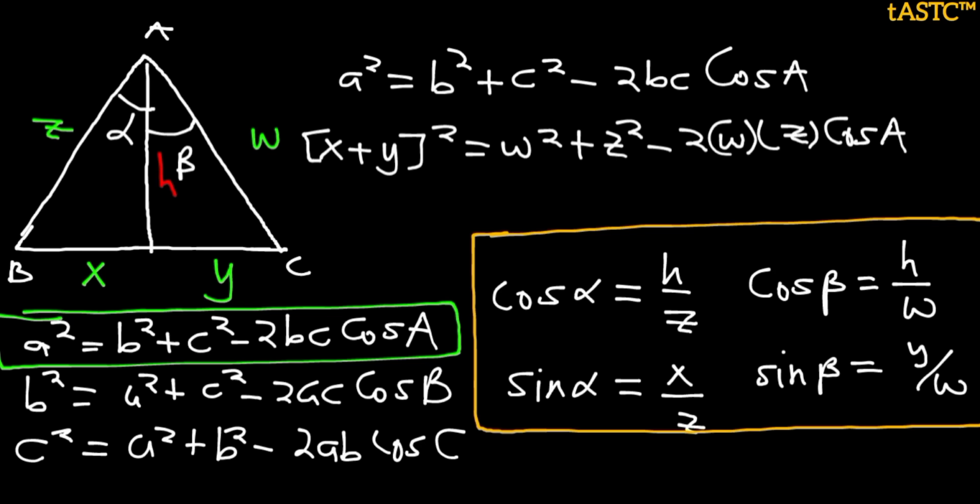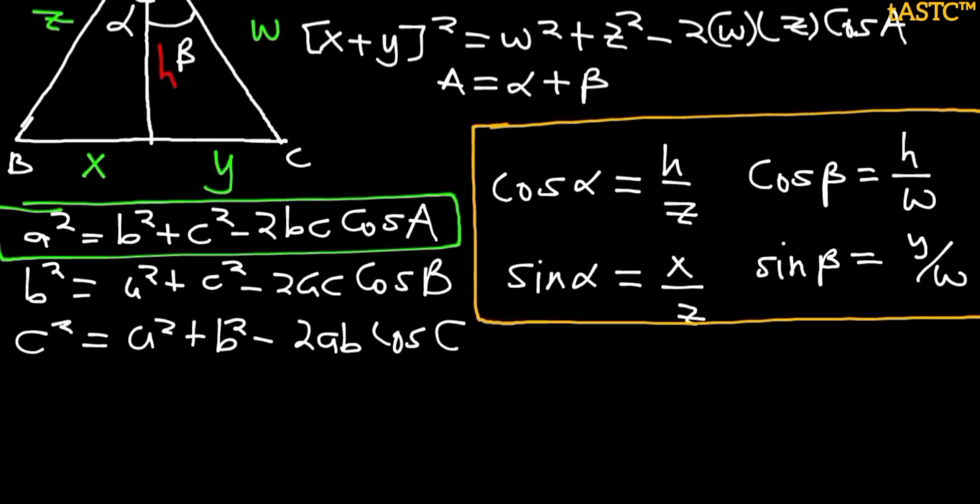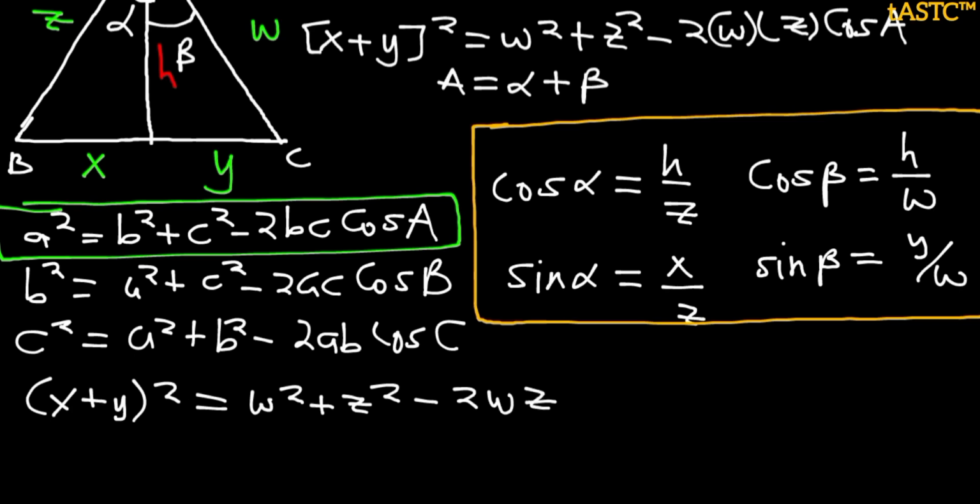Now you already know that A is the same thing as alpha plus beta. So I really need to write that out. So here now we should have x plus y squared equal to w squared plus z squared minus 2wz cos A. Now we know A is the same thing as alpha plus beta, so we need to rewrite that there.